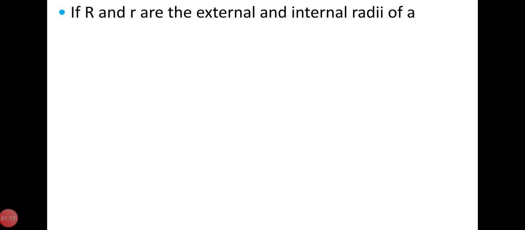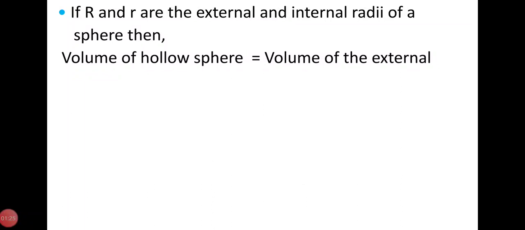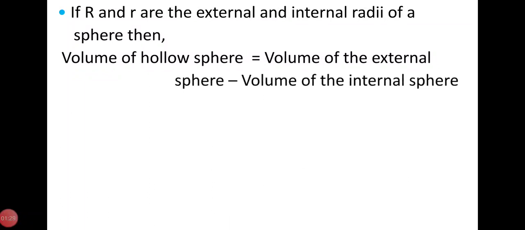If capital R and small r are the external and internal radii of a hollow sphere, then volume of hollow sphere equals volume of the external sphere minus volume of the internal sphere. Now we know that volume of a sphere is given by 4 upon 3 pi r cube.